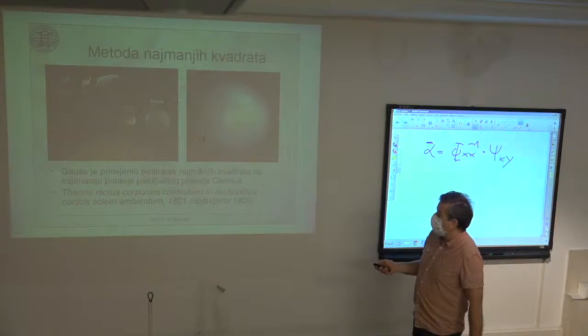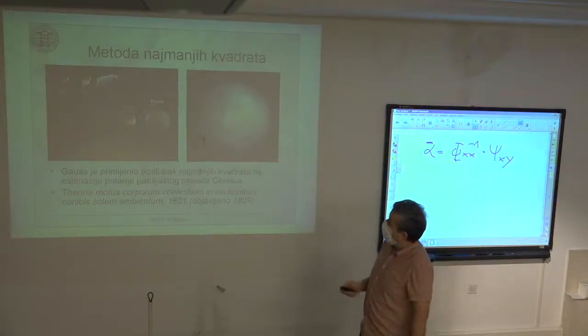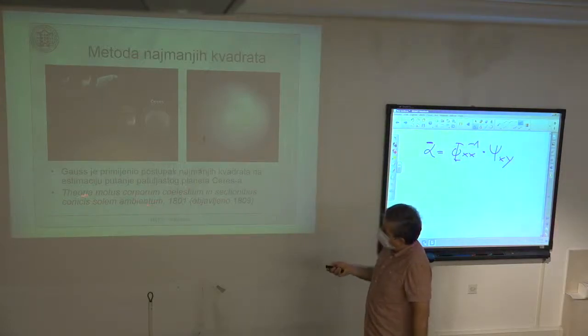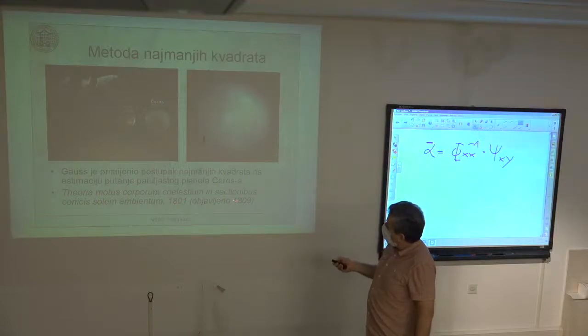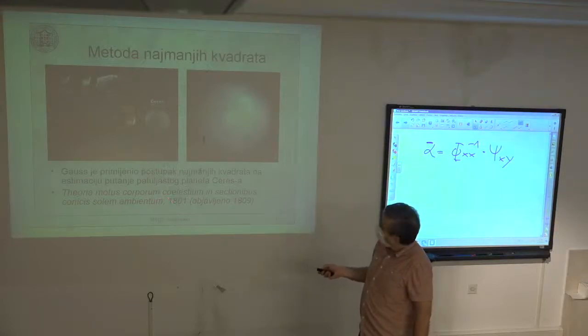He used this least squares solution to find the optimal parameters of the dwarf planet trajectory. It was published in a paper with a Latin title, and actually it was published only in 1809, but it was written in 1801.